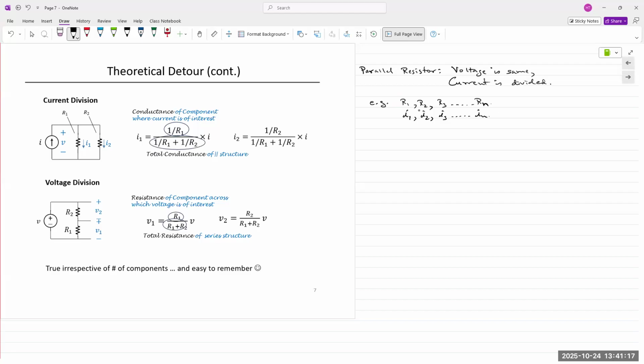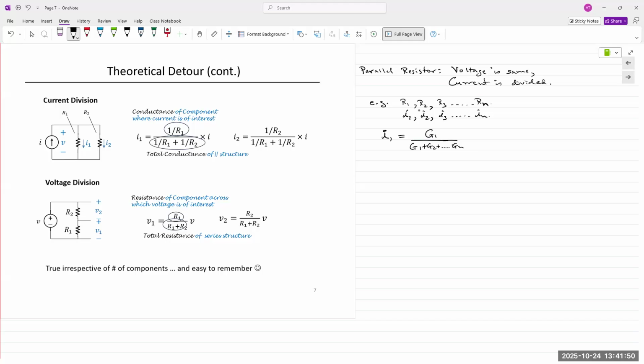Then by applying current division, you can simply do G1 over G1 plus G2 plus all the way up to Gn. For parallel resistors, it is far easier and simpler to use conductances rather than resistances. Okay.